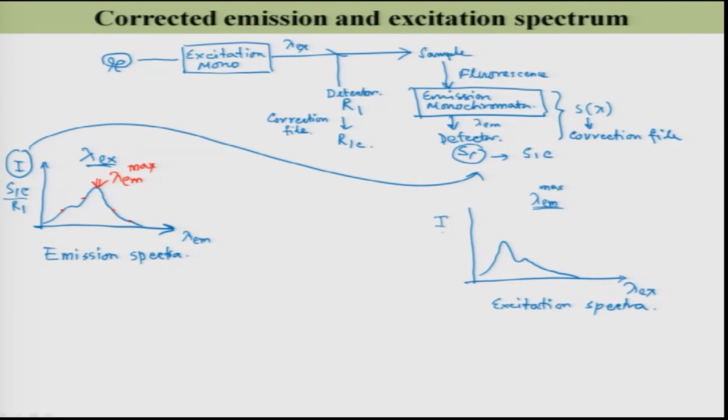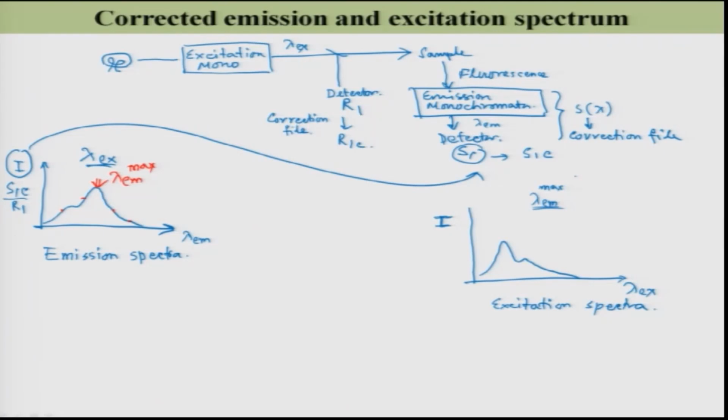So which signal should I plot over here? This is for a particular lambda emission, right. So, it should be S1, and I do not need to correct it, because I do not have to compare with the other wavelengths, right.